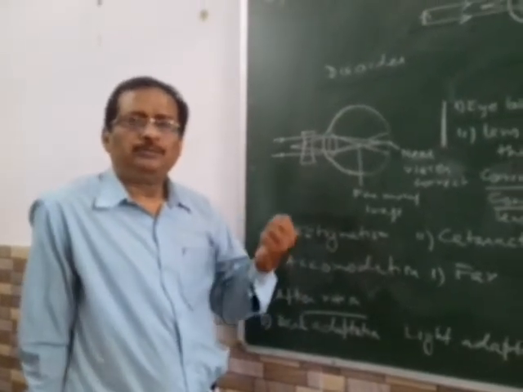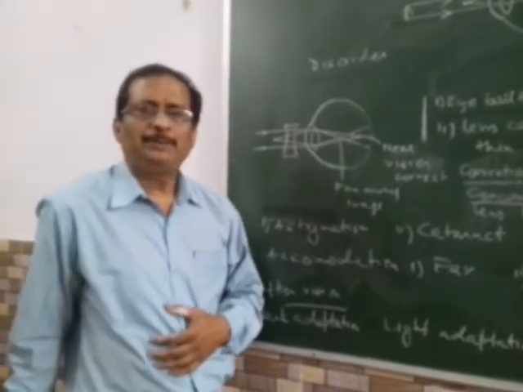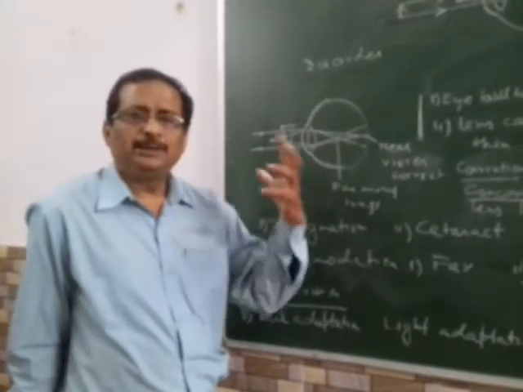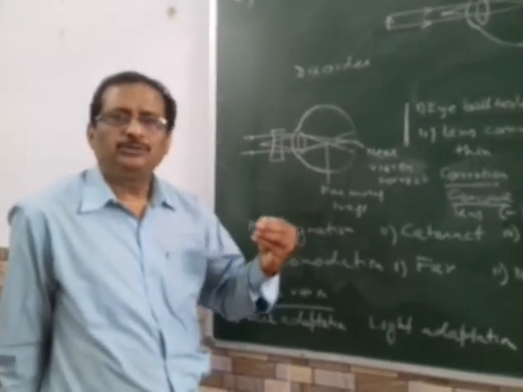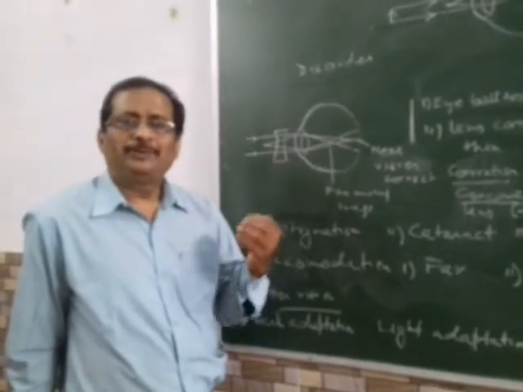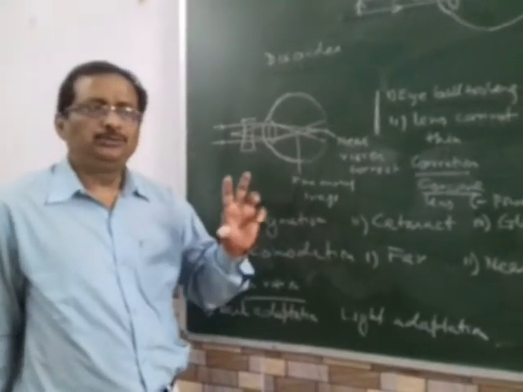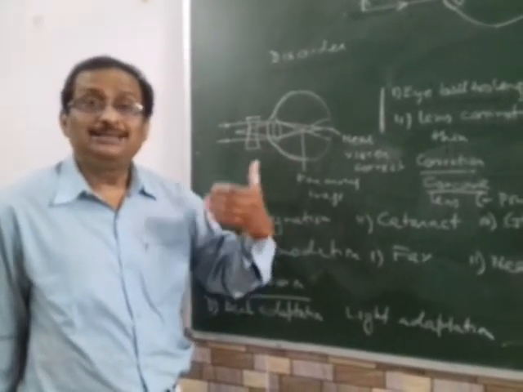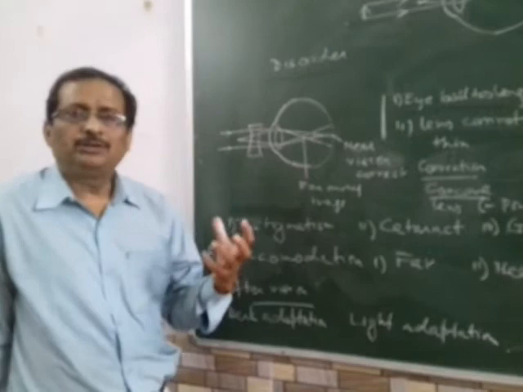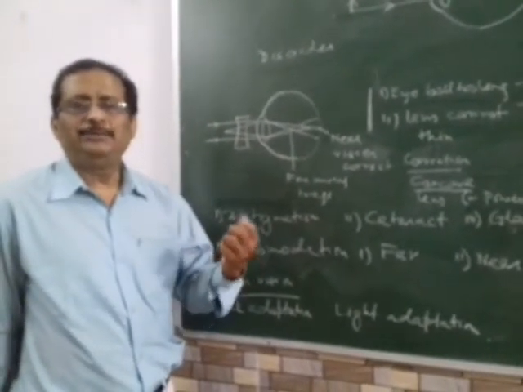So when you move from a light area to a dark area, suddenly it becomes very dark, but after that you seem to visualize things. Suppose you go inside a cinema hall from a lighted area to a dark room, then it is very difficult to see. It is pitch dark, but slowly you can see the objects, because the rhodopsins get regenerated, and that helps you get dim light vision.